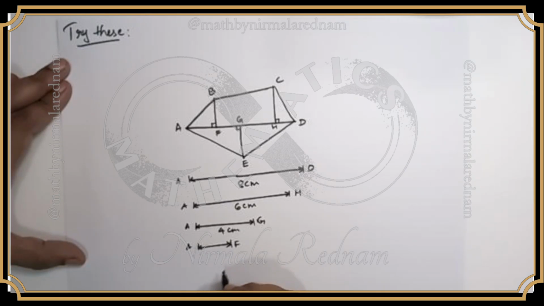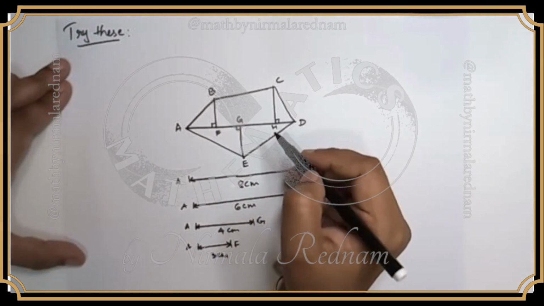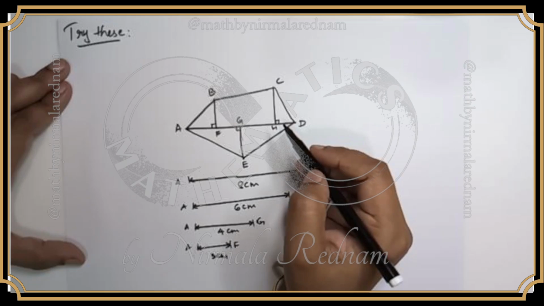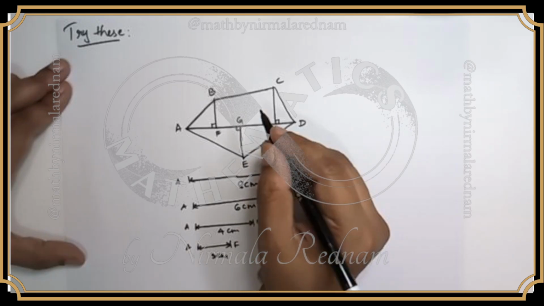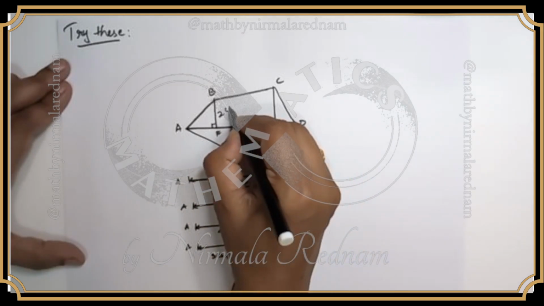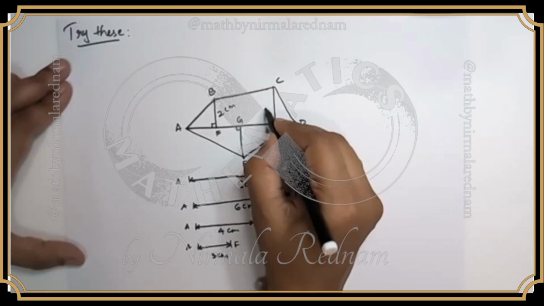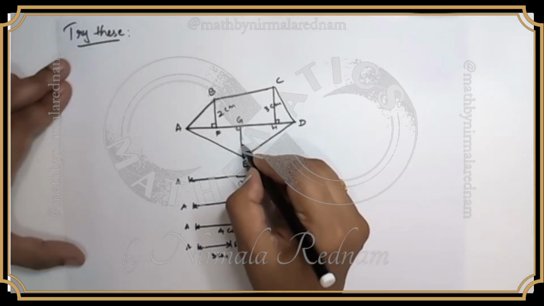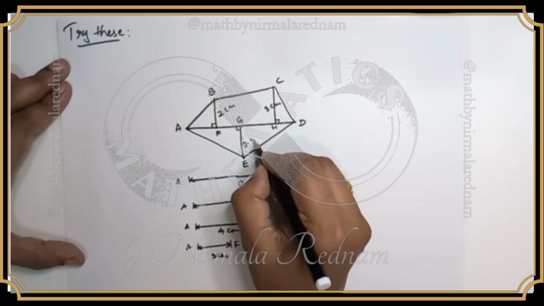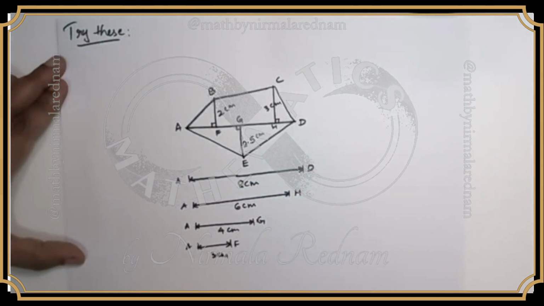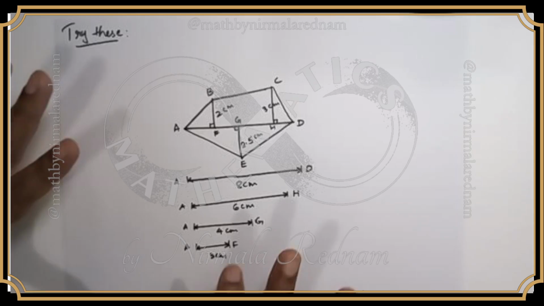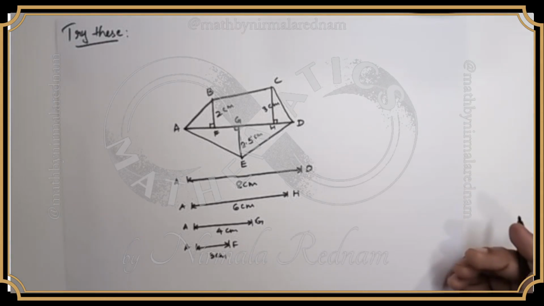And also these heights have been given to us. They are 2, 3 and 2.5, right? So I have this one is 2 and then this is 3 and this is 2.5.